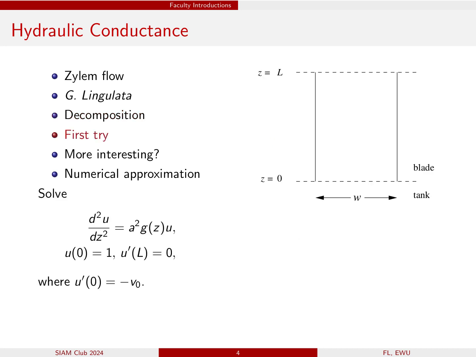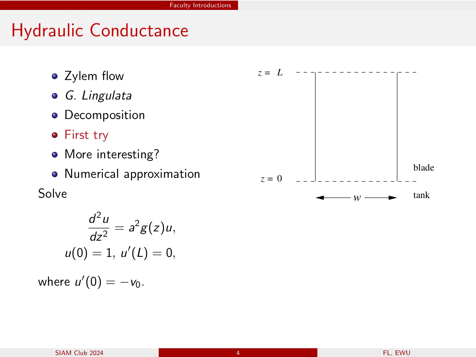As a first try to model this, we modeled the blade part of the plant just as a rectangle between z equals 0 and z equals L, where z equals 0 corresponds to the blade tank interface and z equals L corresponds to the top of the blade, the end of the leaf.